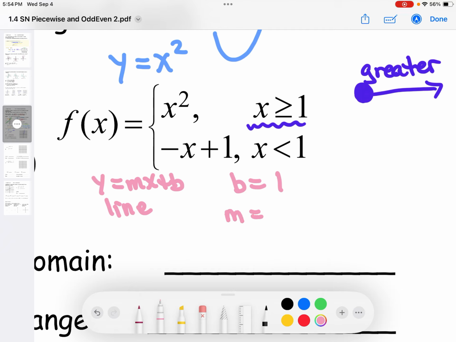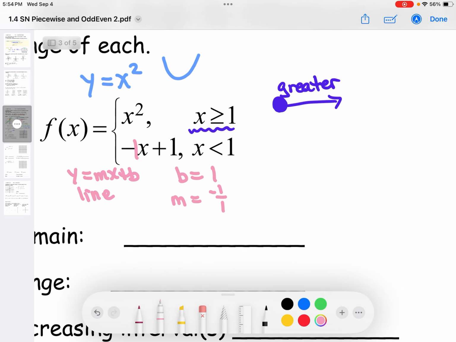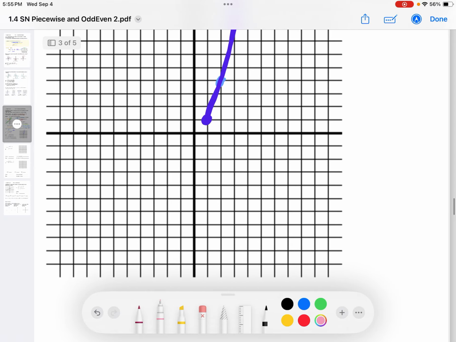That slope is negative 1 or negative 1 over 1. There's lots of 1s here. So we're going to plot those dots first, and then we'll look at the piece of the function we want to use. So just graphing the line, y-intercept was positive 1. Slope was negative 1. So that's down 1, right 1, down 1, right 1.